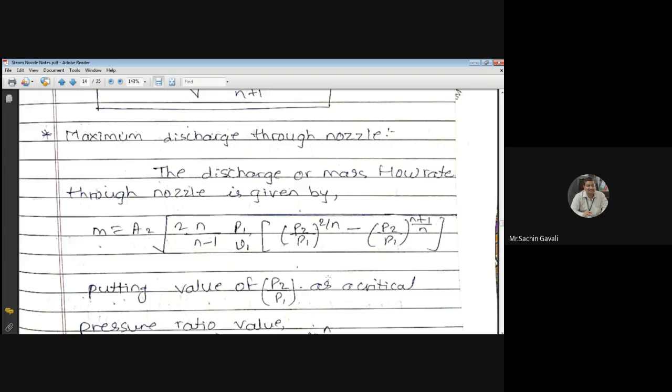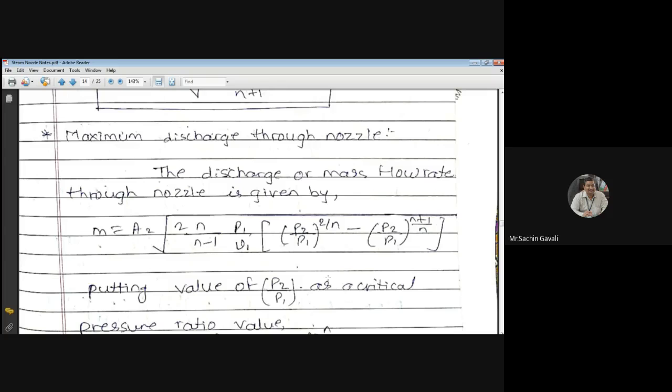Okay, write down. Maximum discharge through the nozzle. The discharge or mass flow rate through nozzle is given by.